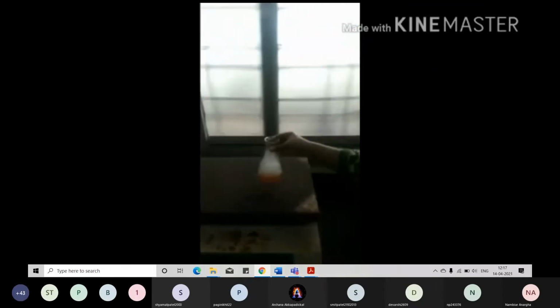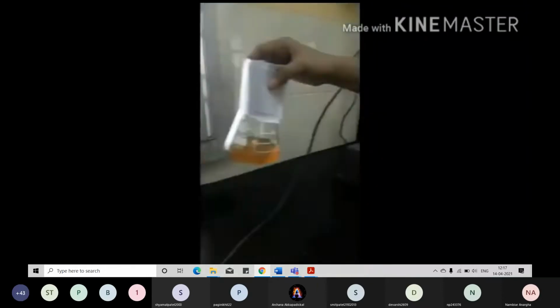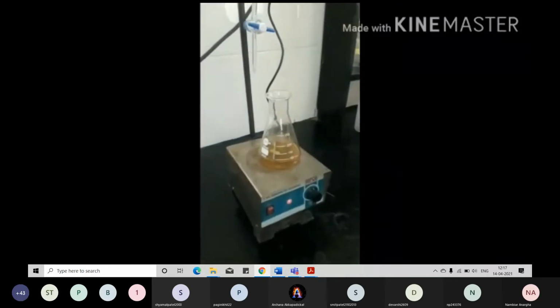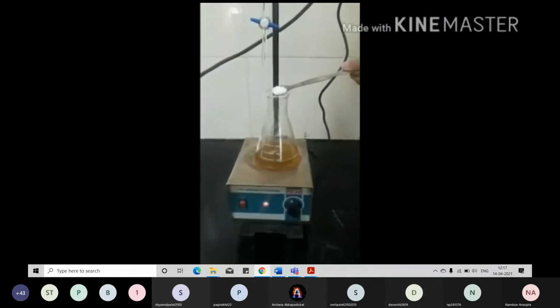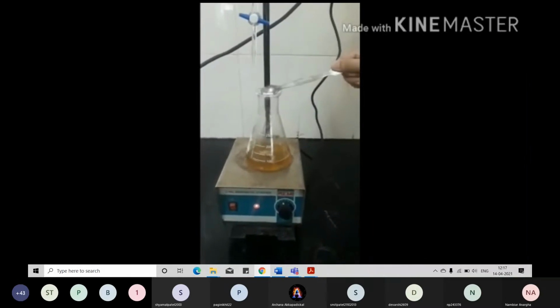The solution was boiled for 15 minutes until it is reduced to half. After boiling, it was cooled and diluted to 100 ml with distilled water, and to this hexamine was added to maintain the pH between 5 to 6.